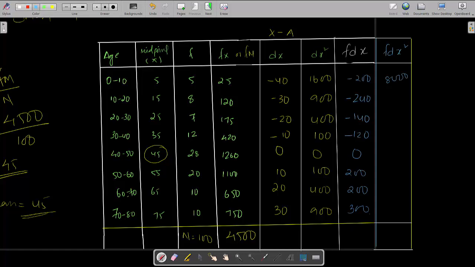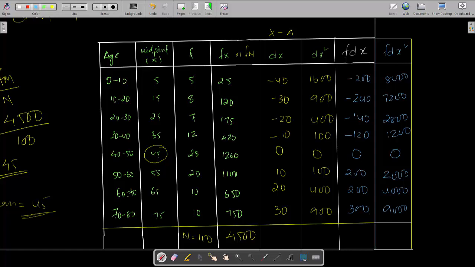Similarly 8 into 900, you will get 7200. 7 into 400, 2800. 12 into 100, 1200. 28 into 0, 0. 20 into 100, 2000. 10 into 400, 4000. 10 into 900, 9000.